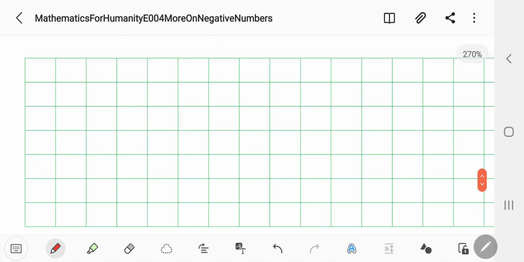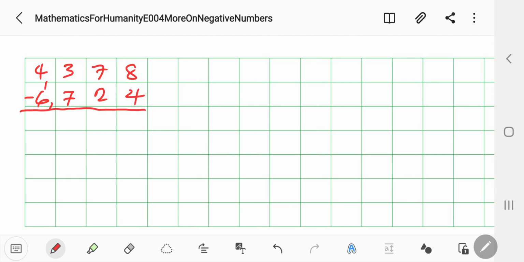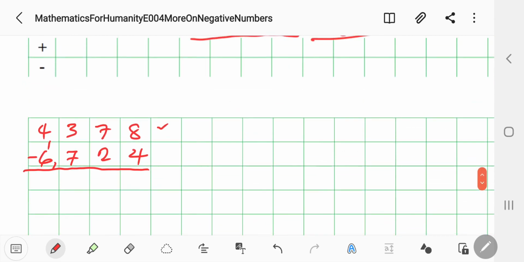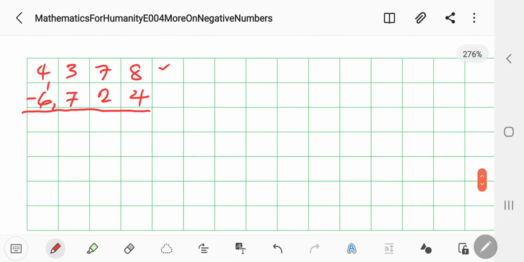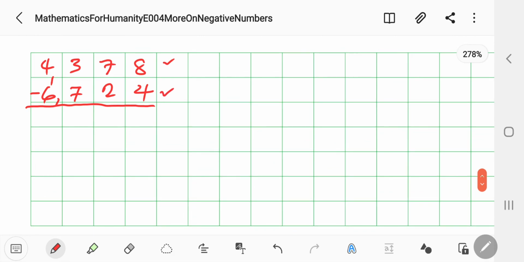You have 4,378, which I wrote earlier, minus 6,724. How do you do this? Of course, this one is smaller, and you're subtracting a larger number here.